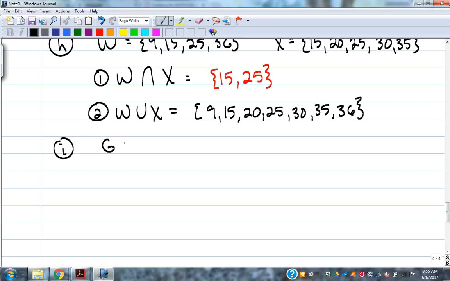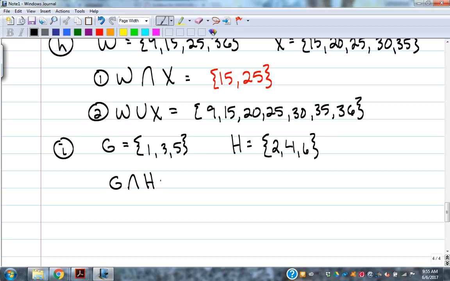Let's look at these couple of small sets here. Set G that's 1, 3, 5, and set H 2, 4, 6. And let's find G intersect H. It doesn't.